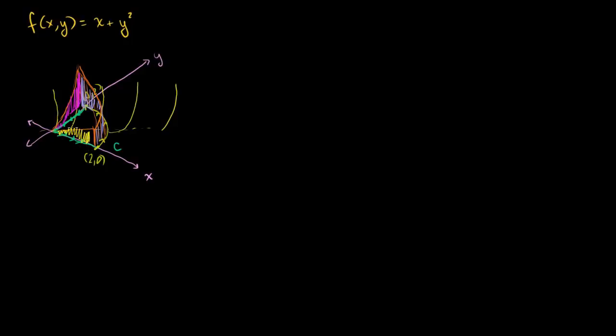And in very simple notation, we could say the surface area of those walls is going to be equal to the line integral along this curve, or along this contour, however you want to call it, of f(x,y), so that's x plus y squared, ds, where ds is just a little length along our contour.